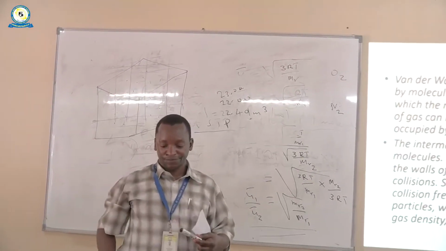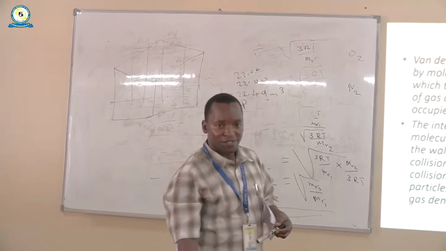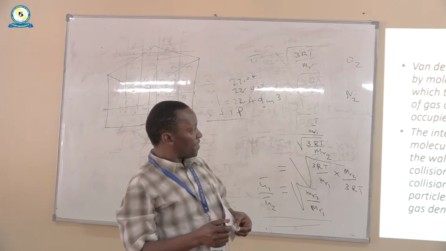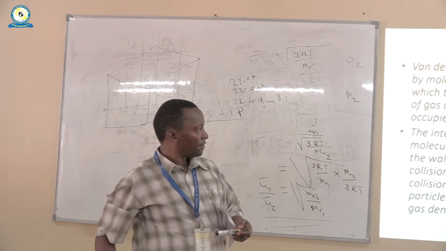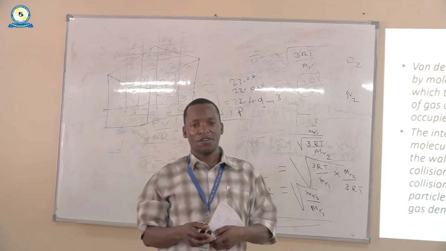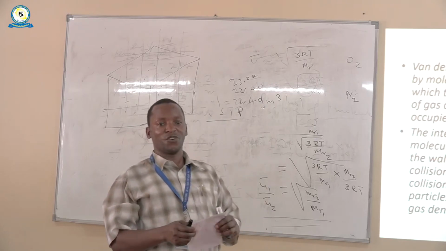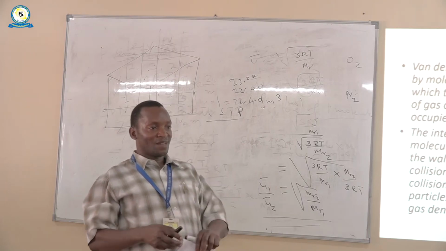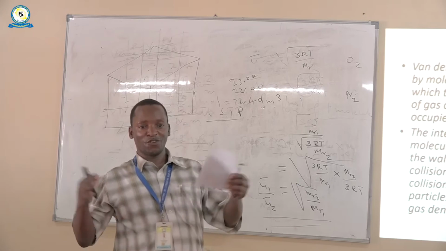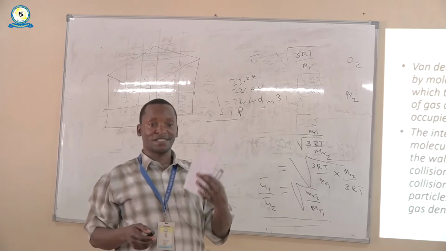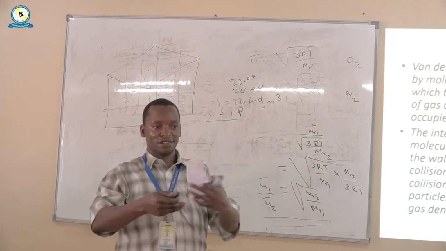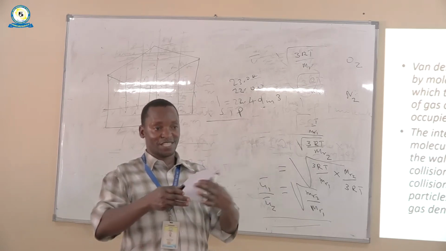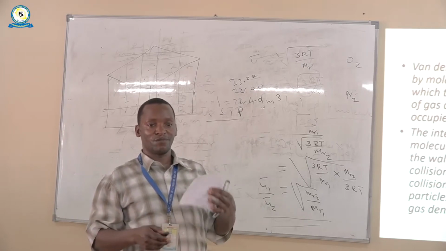If we consider the actual volumes occupied by molecules, this reduces the volume into which the molecules can freely move. The molecules have a certain volume, and it is due to that volume that they tend not to move freely. So it reduces the space to which the molecules could move.